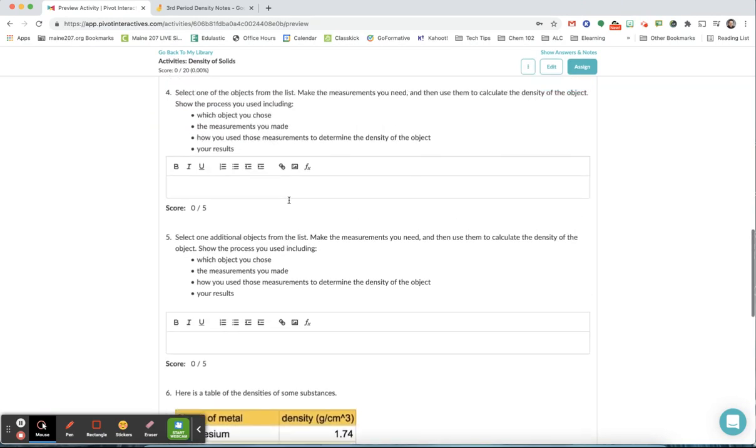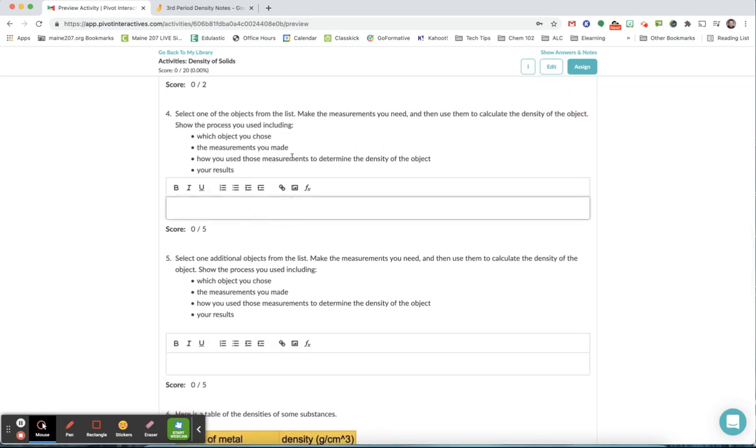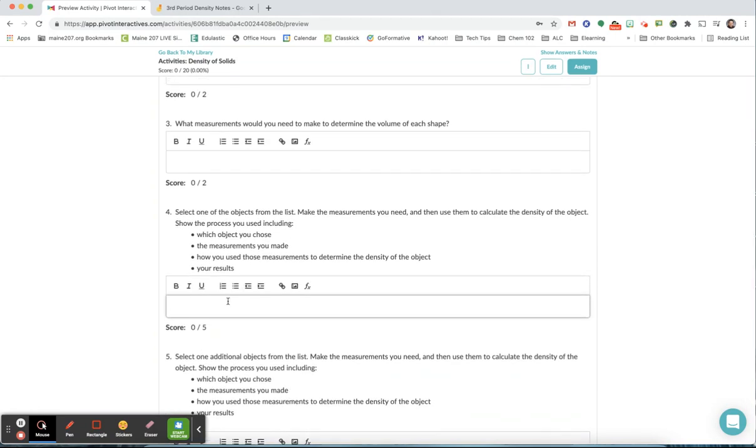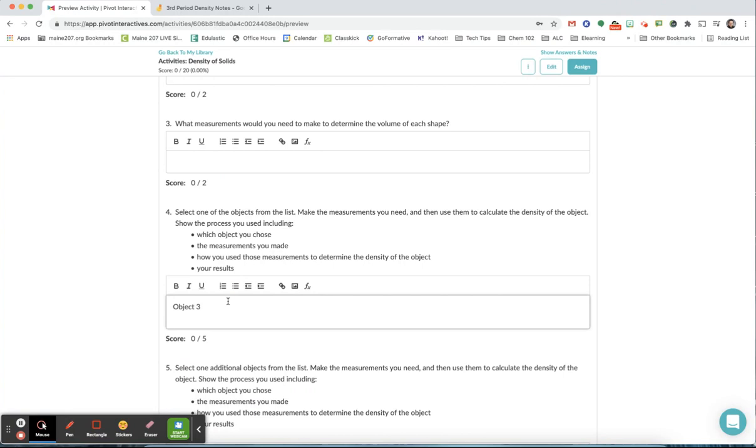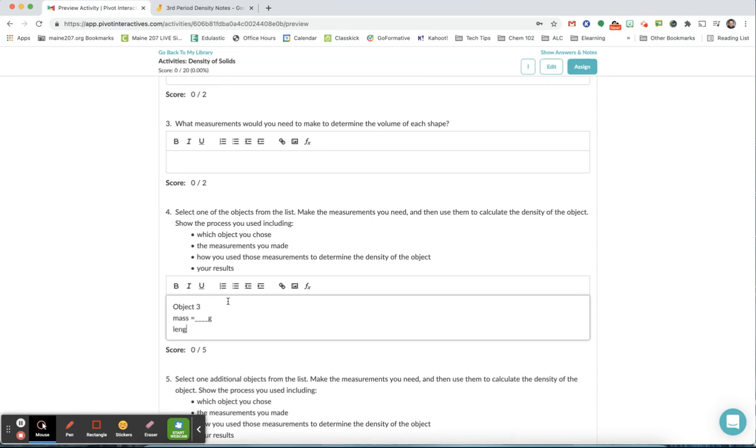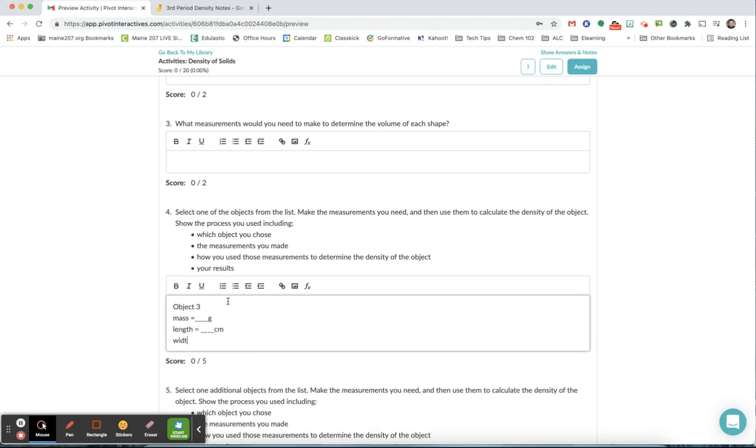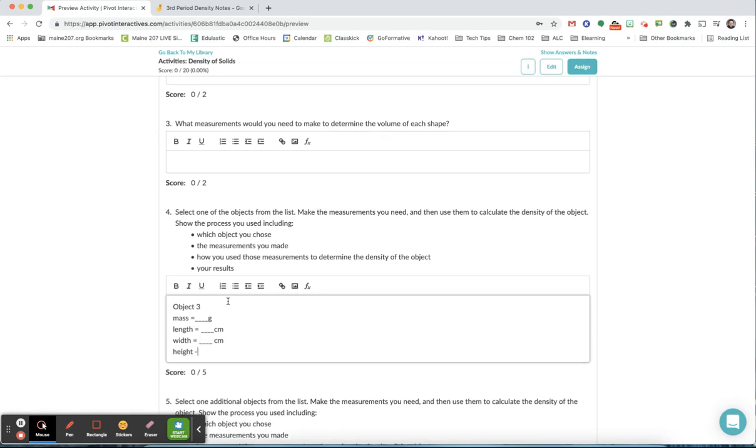So with question number 4, select one of the objects from the list. I selected number 3, so I would type something like object 3, mass equals something grams, length equals something centimeters, width equals something centimeters, height equals something centimeters.